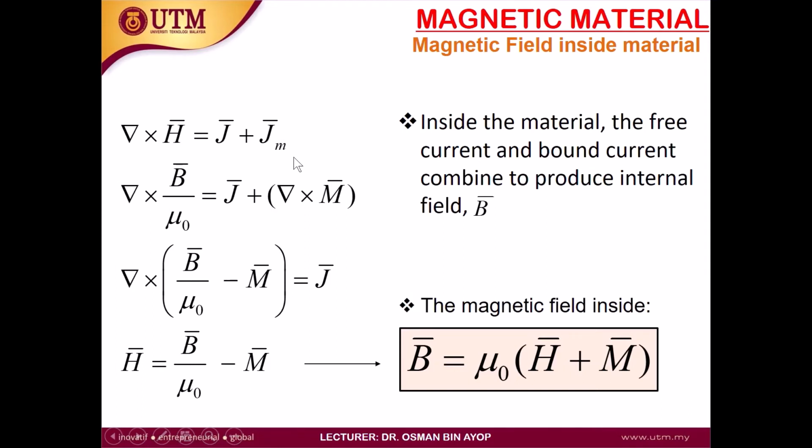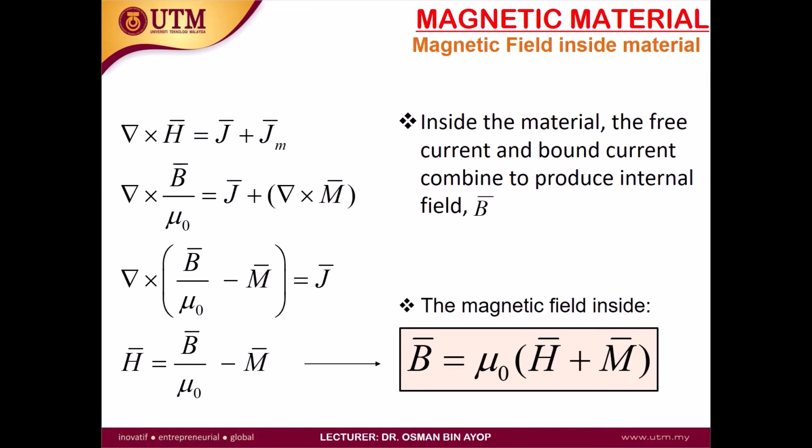So we extend further, where H is equal to B divided by mu naught, equal to J plus Jm, where Jm is equal to curl M. And then we can bring the curl to the left hand side. So we have curl of B divided by mu naught minus the magnetization is equal to J.